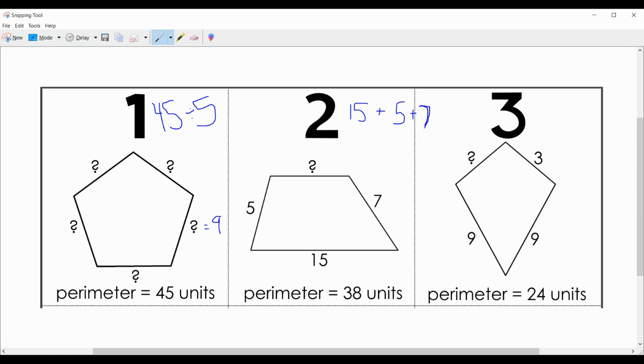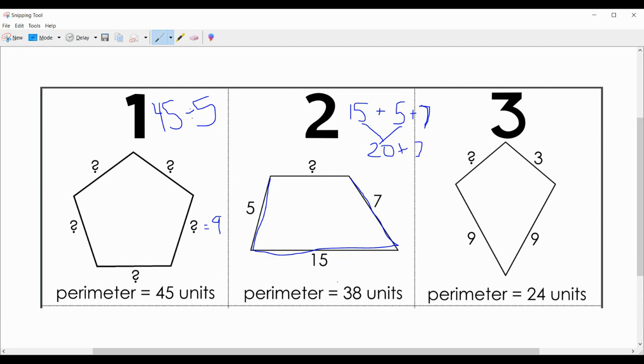So 15 plus 5 equals 20, and then plus that 7 more. I'm going to put an arrow here to show you guys that I added those two. So 15 plus 5 equals 20, plus 7 more. So right now, if I look at these 3 sides right here, I have 27 of my perimeter.